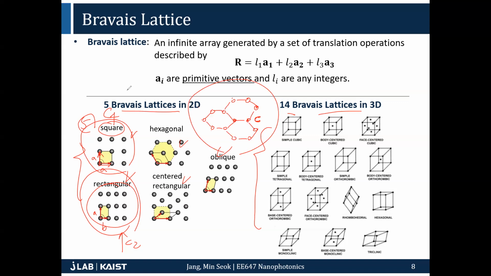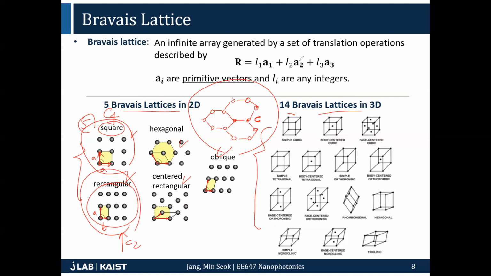Do you think the graphene lattice, the honeycomb lattice, satisfies the Bravais lattice condition? Maybe not, right? Why not?